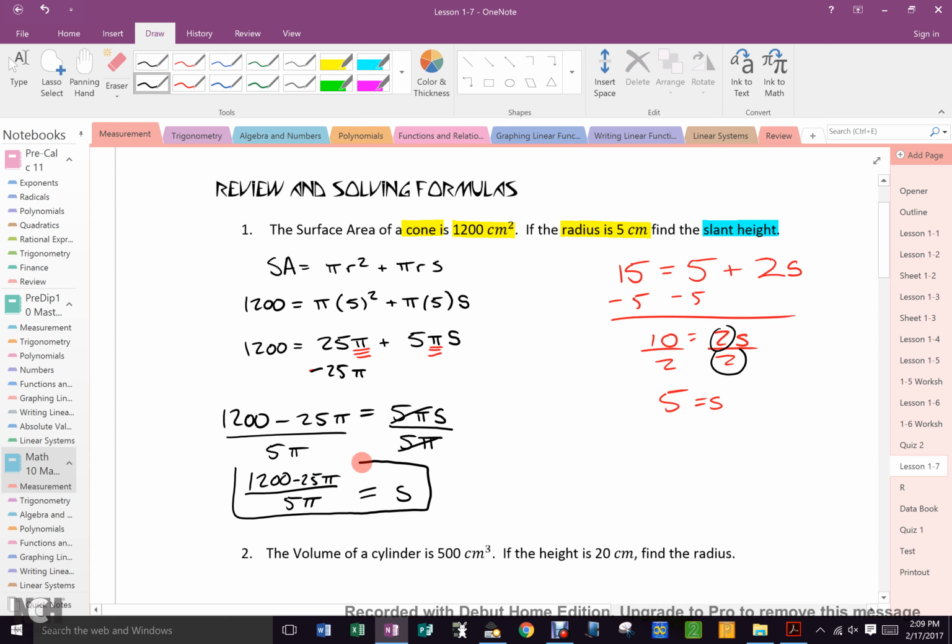This is what you need to be able to do in grade 10, grade 11, grade 12 math. You need to be able to do that without your calculator. I am not looking for the value there. I am looking for your ability to move equations around. Do you all understand what I am saying?